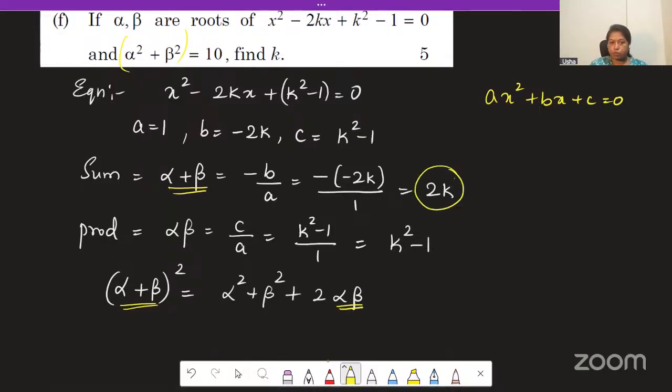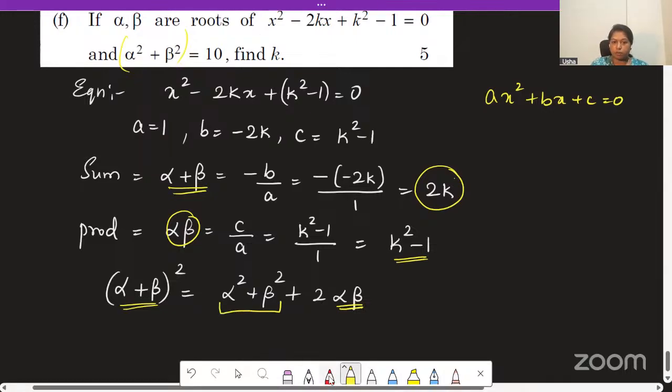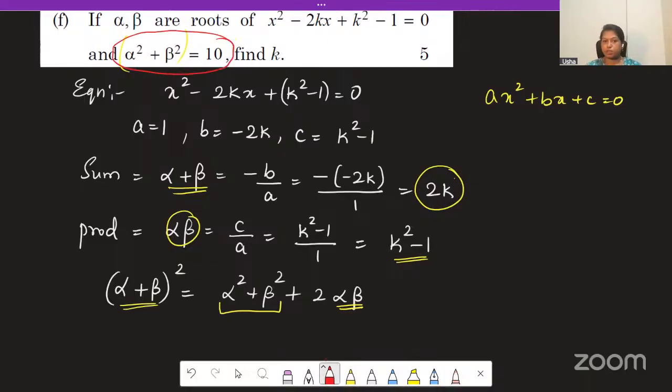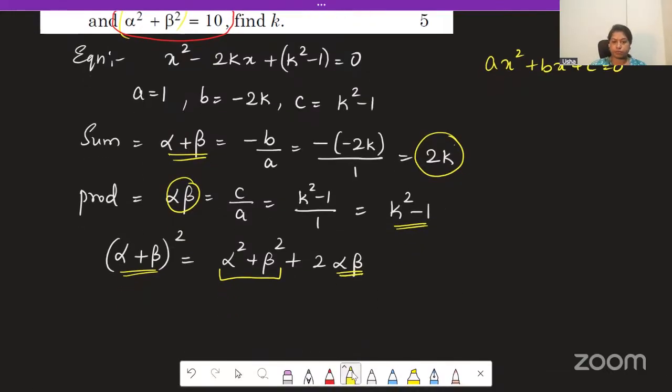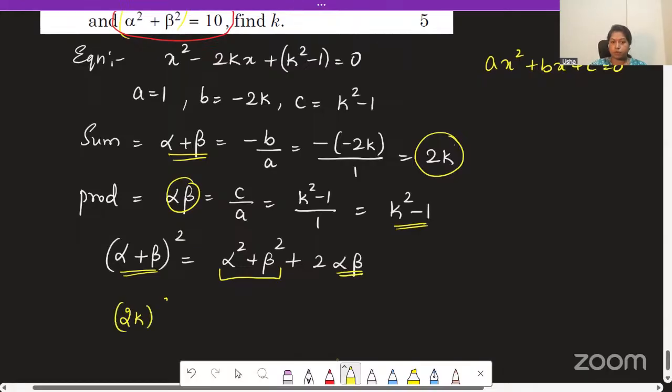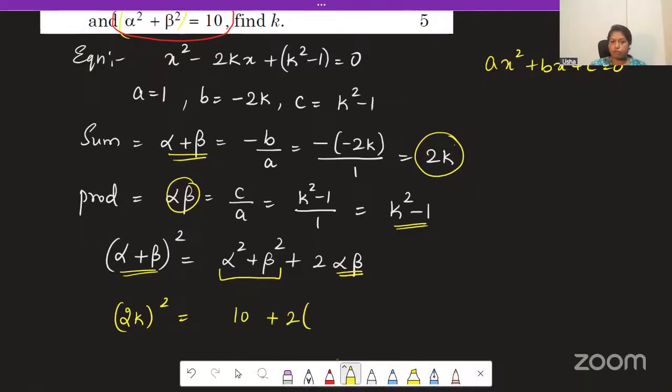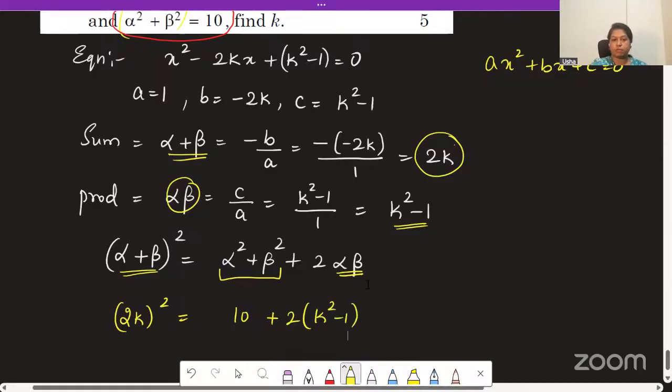This alpha into beta is k square minus 1. For alpha square plus beta square, they have given in the problem that it is 10. Now, substitute all this and simplify, and you will get the value of k. Alpha plus beta is 2k whole square. Alpha square plus beta square is given in the question, it is 10, plus 2 times alpha into beta, which is k square minus 1. Okay, we'll simplify this.